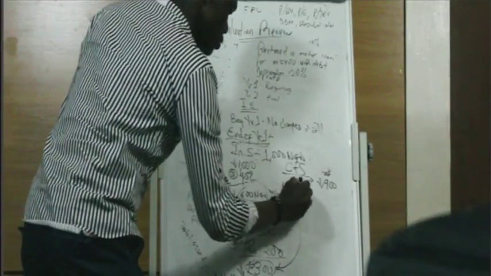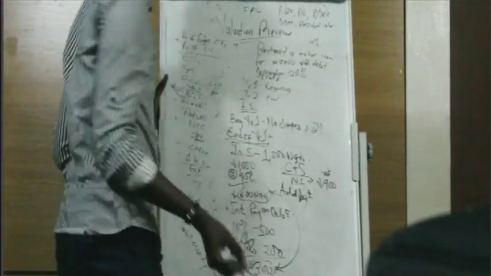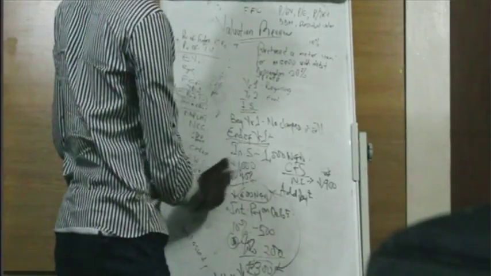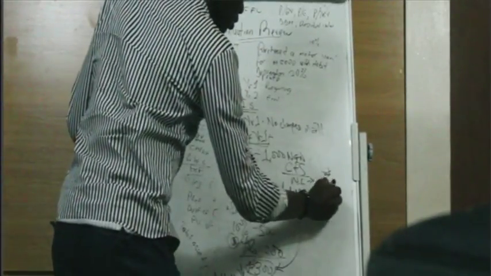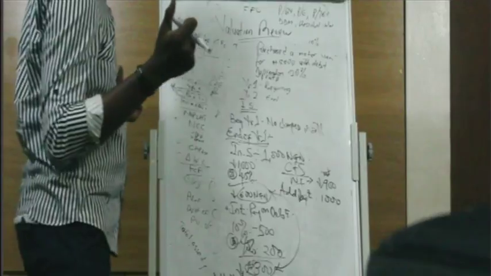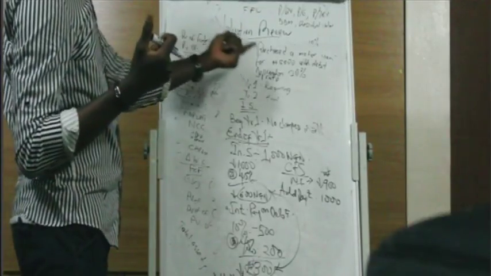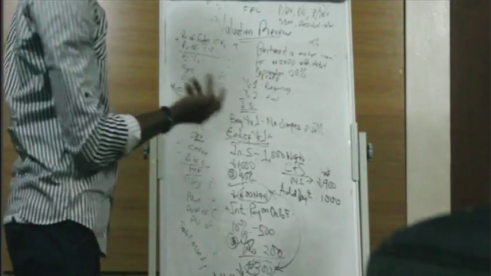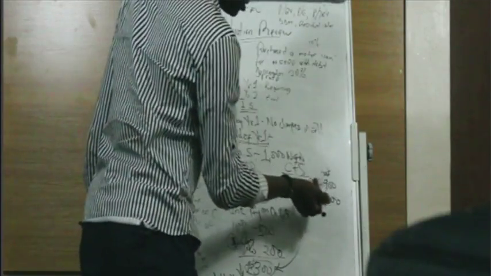So our depreciation is what? 1,000. So this is adding back. So what do we do with interest now? You pay interest. Yeah, it's a cash item.